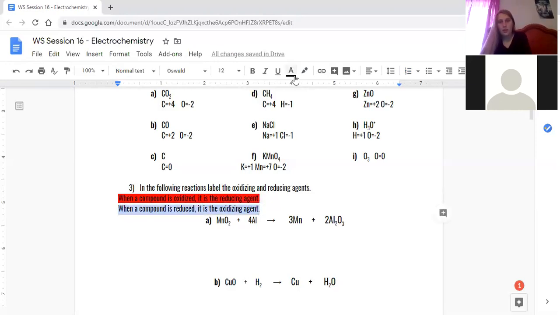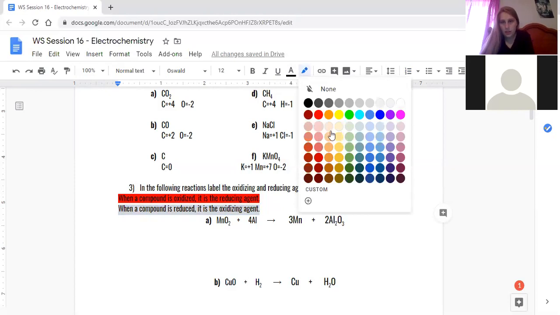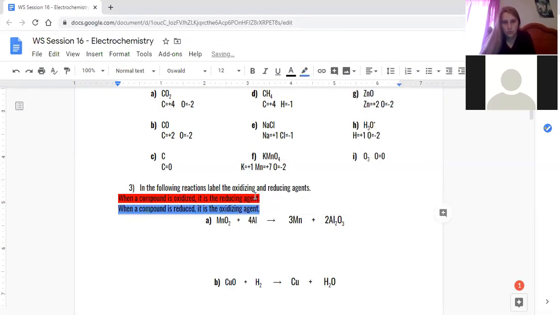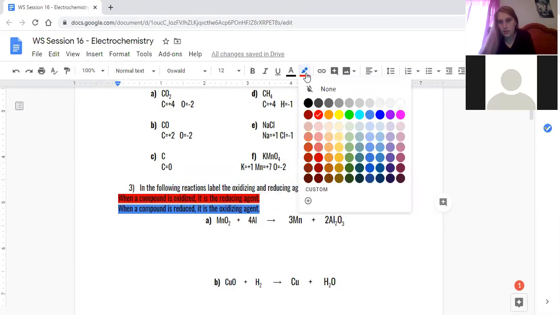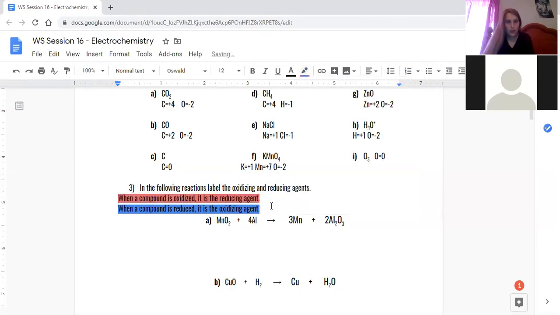And we're going to make the oxidizing agent blue. You have a little bit of a lighter color, so that's a little bit easier to read. There we go.